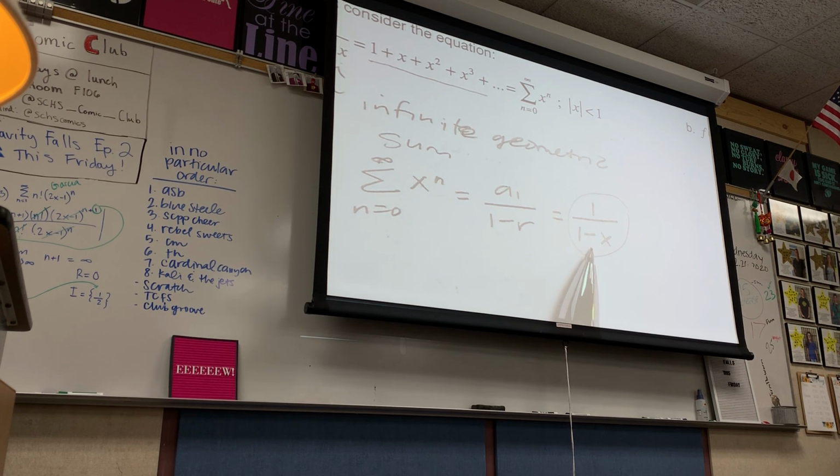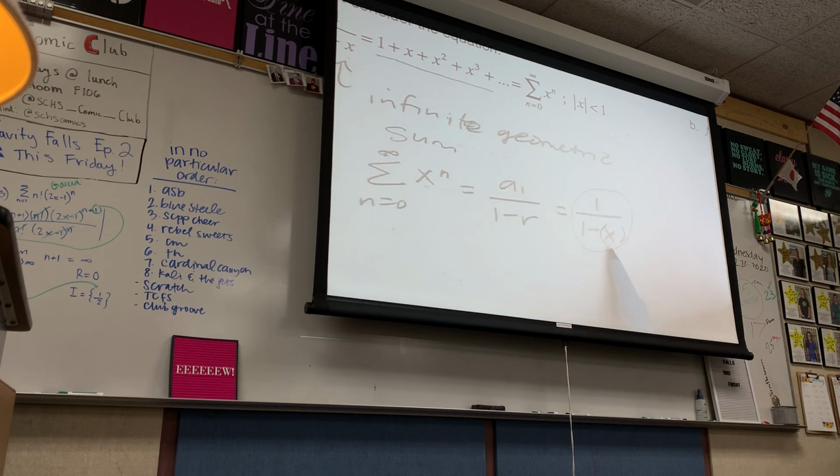It specifically has to be 1 over 1 minus something, or 1 over 1 minus x, where whatever is in here goes right there as x to the n.